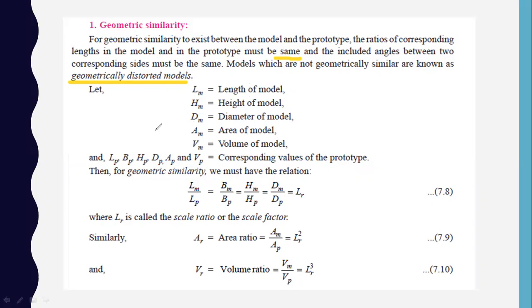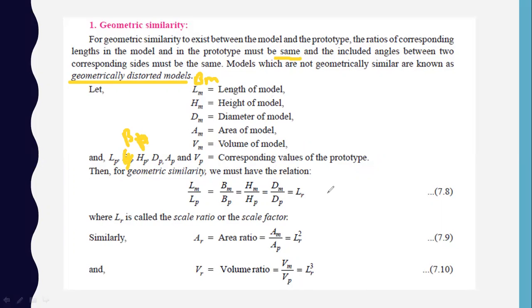Likewise, we change the suffix M to P. So LP, BP, HP, DP, AP, and VP are the length, breadth, height, diameter, area, and volume of the prototype.